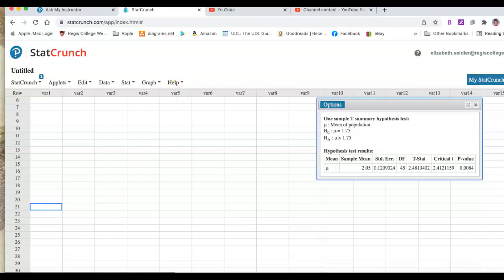If we want to look at p-values, so this is my t-distribution. That's not an accurate representation of the drawing, but I'm looking to the right here, and my alpha is 0.01.